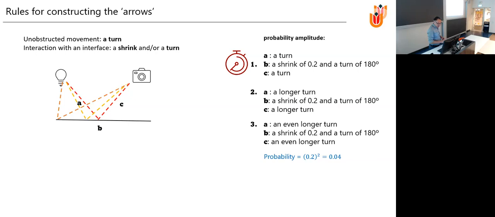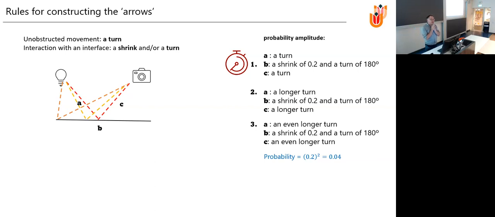Sorry, that was a typo. And then if we take, let's say, this path, hitting the mirror here, then there's an even shorter turn going here. Then again this shrink, turn 180 degrees, and then an even longer turn going to the detector.